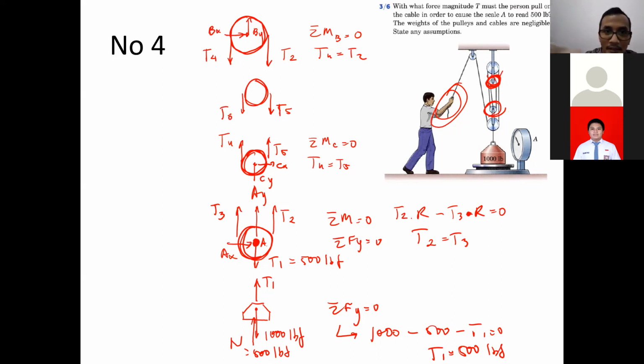And we have Dy and Dx. The same here, using sigma moment at D equal to 0, what we will have is T6 equal to T5, right?